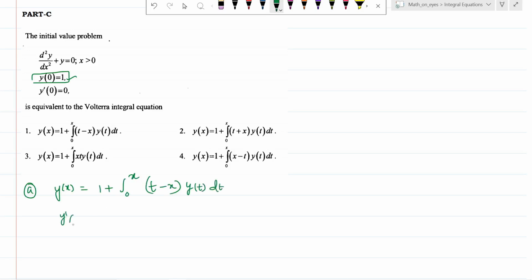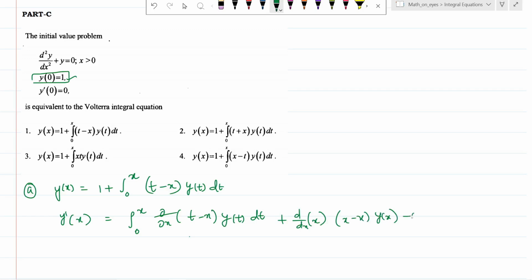So y dash of x is equal to the integral from 0 to x, taking the derivative of this part, which is dou by dou x of t minus x into y of t dt. And your upper integral limit is x, so d by dx of x, and here substituting x instead of t, we get x minus x into y of x, and the lower limit is 0, so we get it as minus 0.